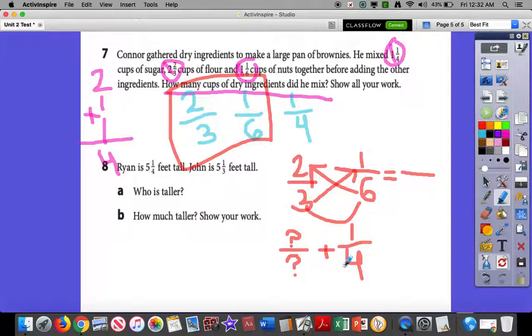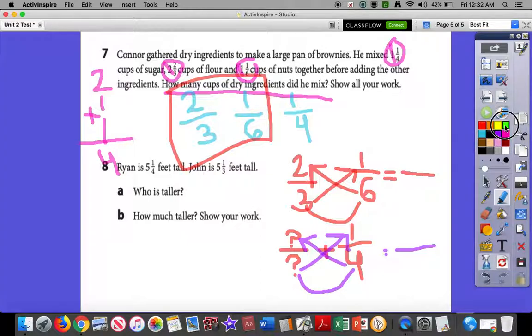Again, you're going to bow tie it. So you're going to go across and go across, remembering what you do when you go across like that. And then you're going to do what you got to do to your bottom numbers to get your answer.